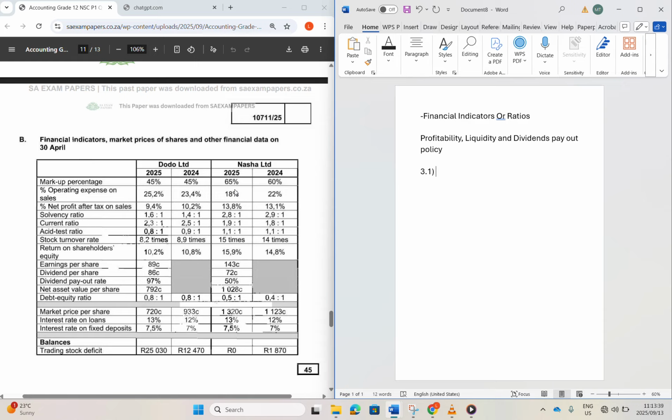So obviously, if expenses decrease, it's a good thing because your profit will increase due to lower expenses, lower percentage of expenses. So I think Nasha Ltd has an improvement in profitability, in profit.